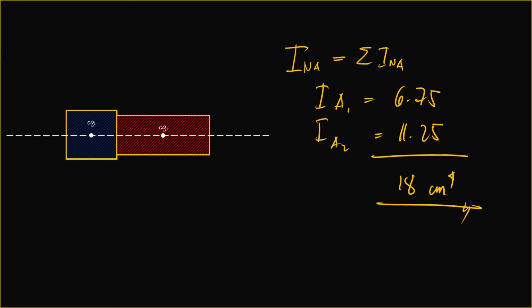Okay, if the centroid of all the shapes lie on the same axis, then in getting INA you just need to add. How about if the shape is this one? Suppose it is like this shape. We are solving the moment of inertia about the neutral axis, or the centroidal moment of inertia.